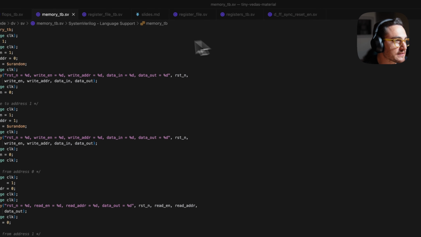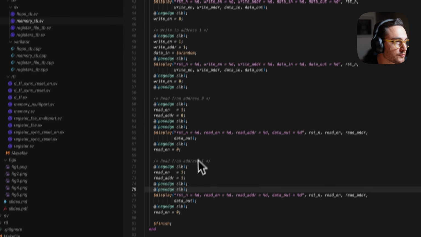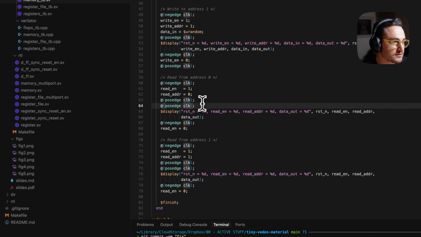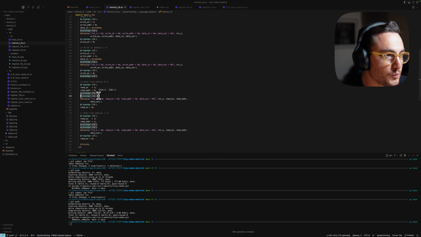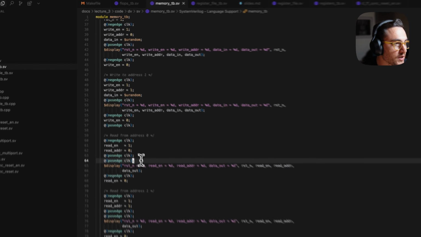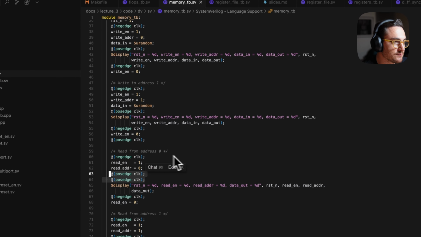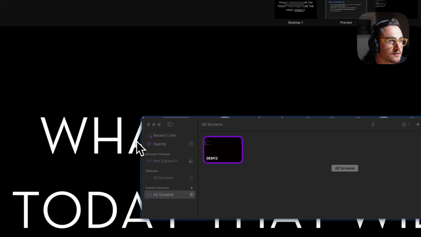So if we look at the test bench, the fact that the read port is sequential in this case is exemplified by the fact that for the read operation, to make sure we correctly read from the read port, we need to wait an additional clock cycle. This is why here you have two positive edge clock waits.